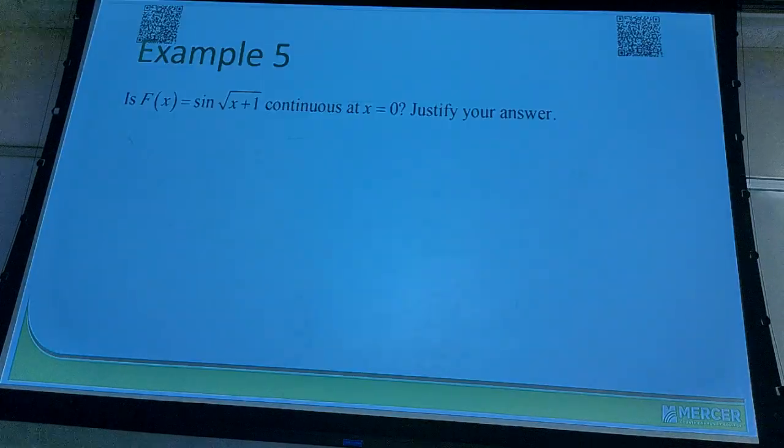Or continuous over its entire domain. But in this case, we're taking sine of a square root. So look at the square root of x plus 1. They didn't give us a rule for that one, but they did give us a rule for x plus 1.